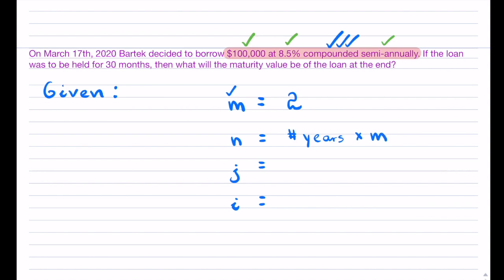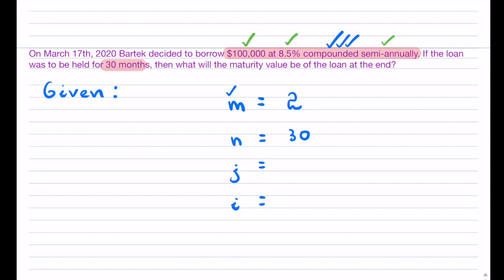So I can look in the question and it says in the second sentence, if the loan was to be held for 30 months. This tells me for how much time. Now, of course, this is not N because N is the number of years times M. So let me do that. I'm going to erase this here and put that in. I am investing for 30 months.